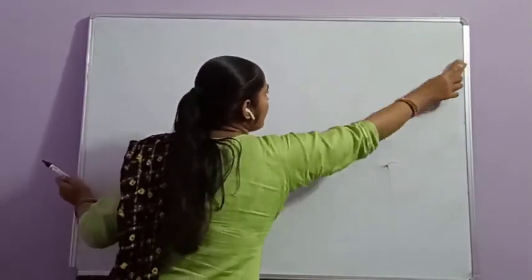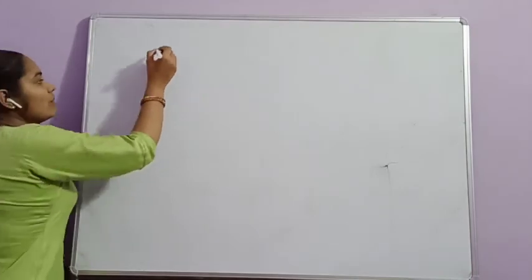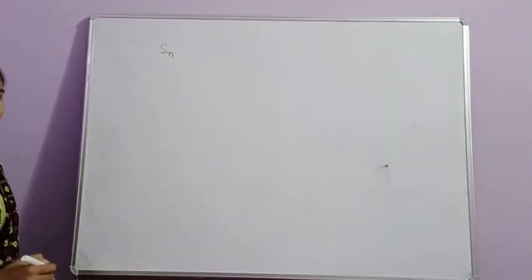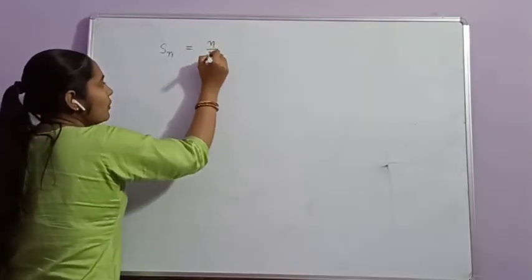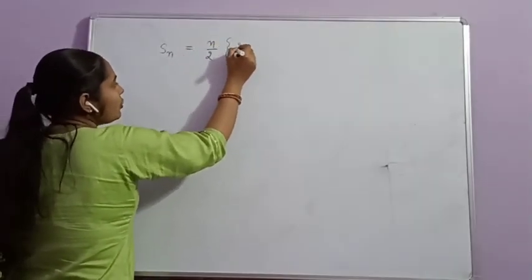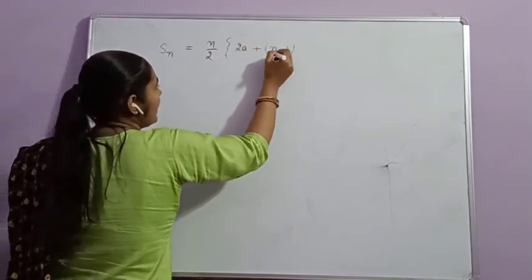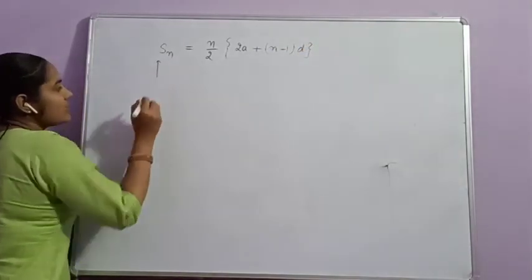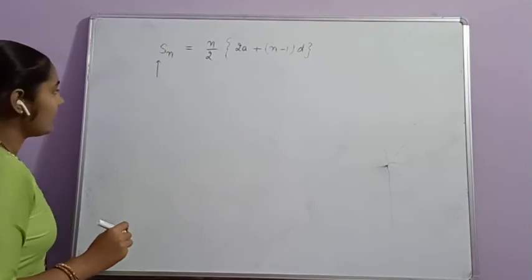Today, I will tell you the formula for sum of n terms of AP. Sum of n terms of AP is represented by Sn, that is equal to n by 2 into 2a plus n minus 1 into d. Here Sn is sum of n terms of AP. Clear?